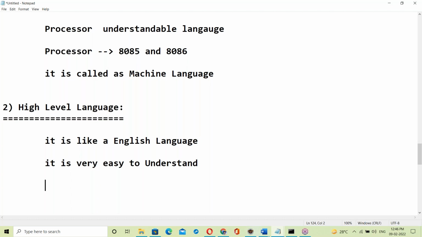Some questions for you guys. Which is the first developed high-level language? Any idea?